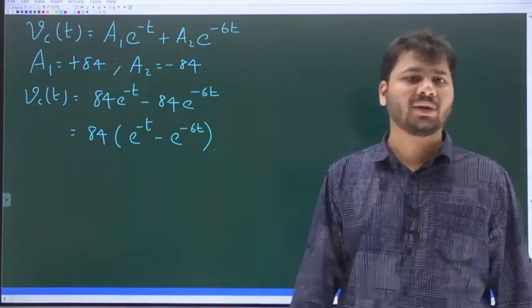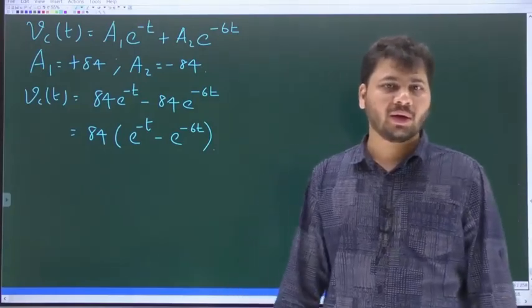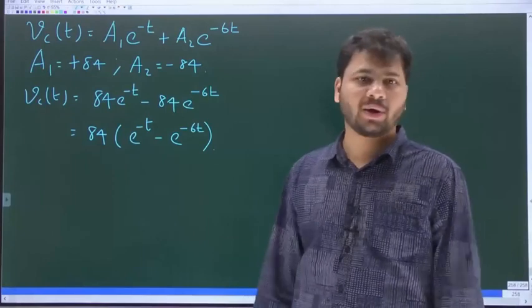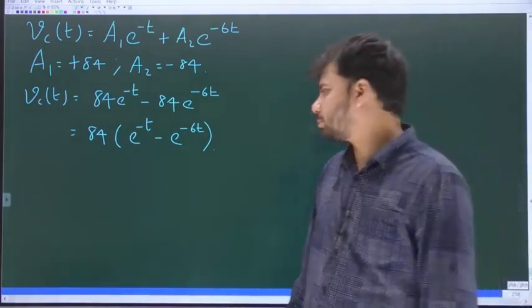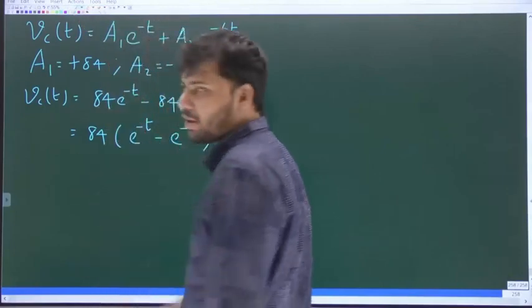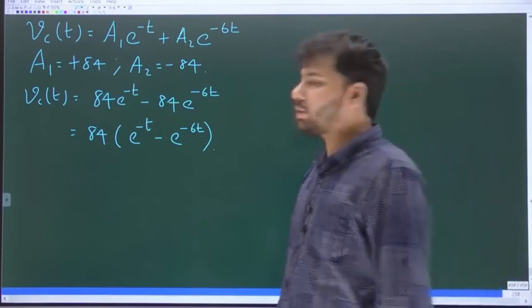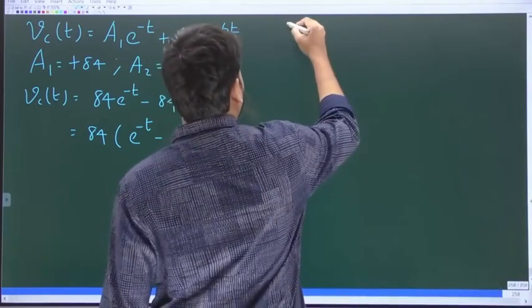Is it not e power minus 60? Yes or no? E power minus 60 will decay faster as compared to e power minus t. Now I'll just try to draw the waveform for Vc. Look at this.